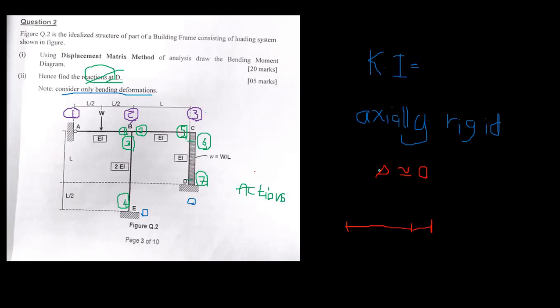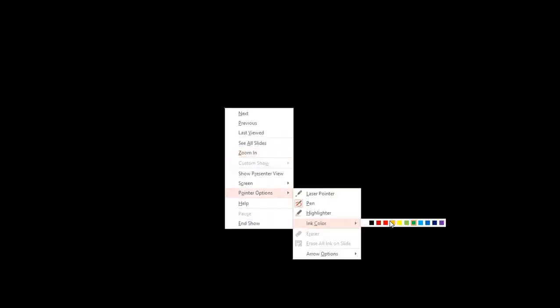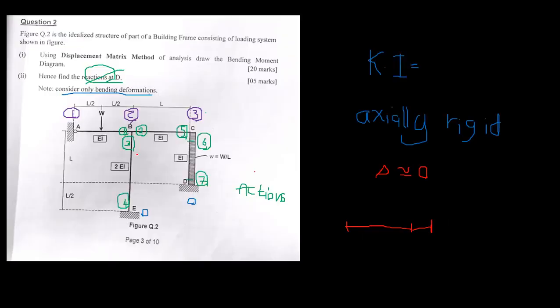So first, in the displacement method, I'm fixing every redundant displacement. Why? I need to make them zero. So if you fix this, it cannot rotate. Everything is going to be zero. Please consider this is 2EI, and everything else is EI.